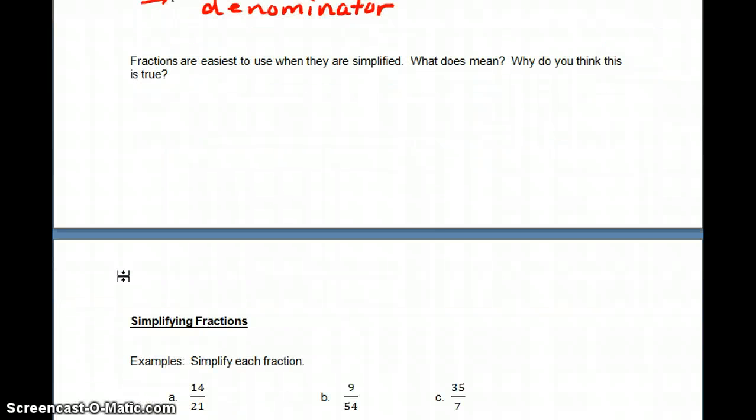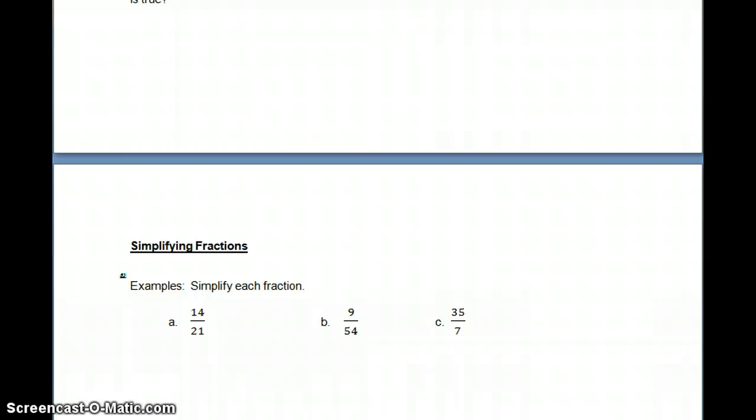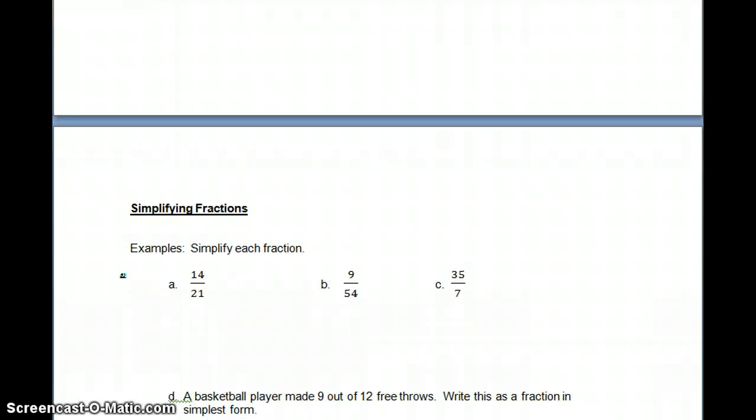Now, what I'm talking about when I am referring to a fraction that's in simplest form means that there are no factors that can be divided out of that fraction. And it's easiest to use a fraction when it is in simplest form because the numbers are smaller. And any time that we have smaller numbers, they are easier to use.